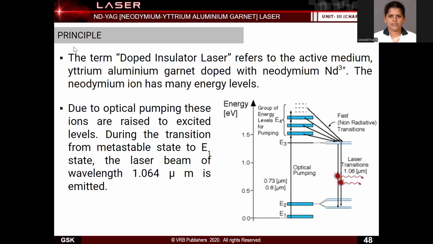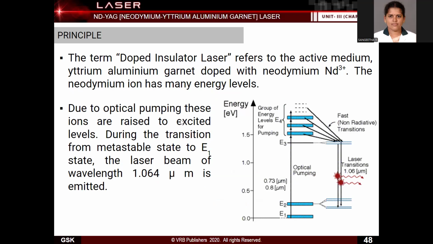Now we can see the principle of this Nd-YAG laser. Here the active medium is a yttrium aluminum garnet rod, which is doped with the Nd3+ ion, and this neodymium ion has many energy levels, that is E1, E2, E3 energy levels. These are the energy levels of neodymium 3+ ions.